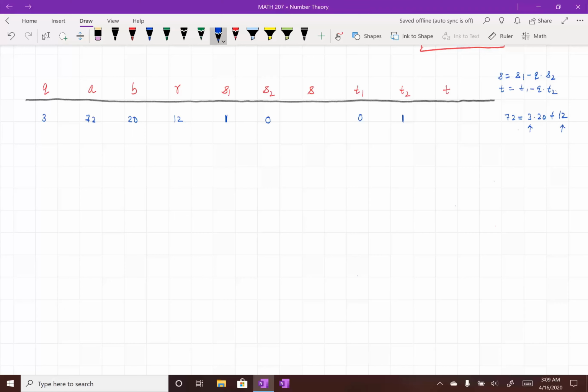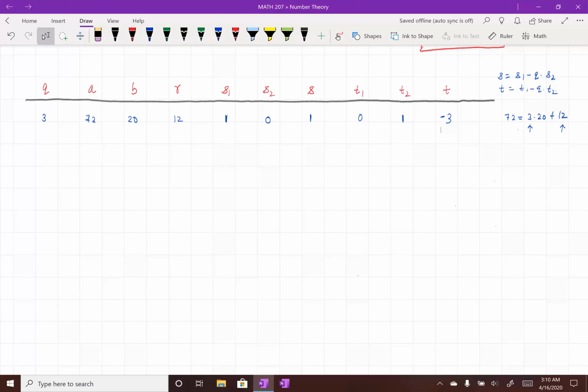Since S1 is 1, S2 is 0, and Q is 3, the value of S here is 1. Similarly, I can compute the value of T. T1 is 0, T2 is 1, and Q is 3, so the value of T is minus 3. This completes my first step of the extended Euclidean algorithm.